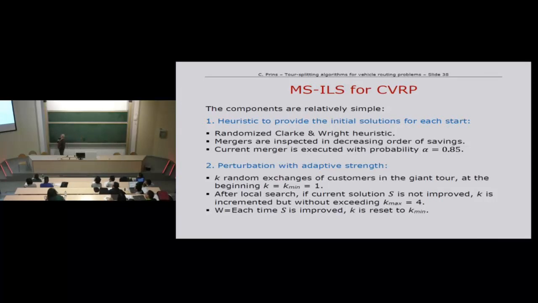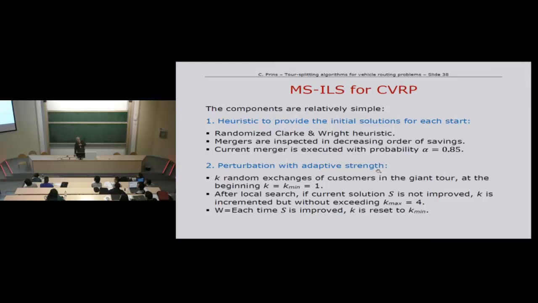To randomize it, the possible mergers of two routes are sorted in decreasing order of savings, and you inspect the mergers one by one, and the current merger is executed, but with a probability smaller than 1, and it's enough to randomize the heuristic.